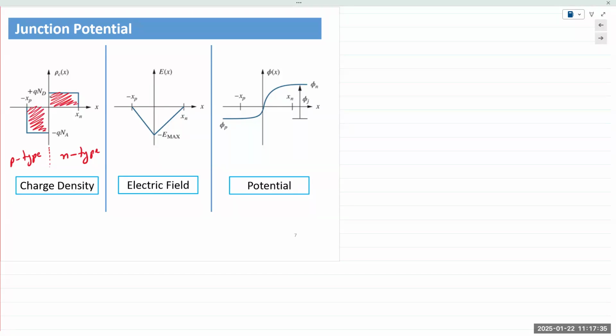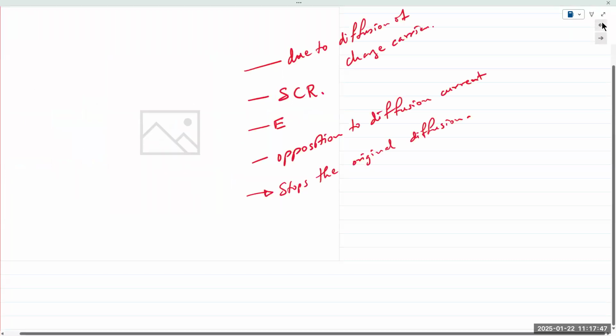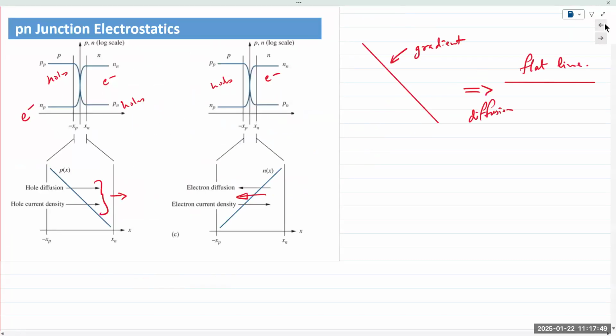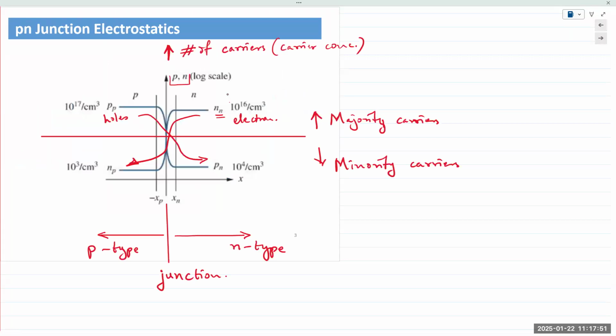But again, remember, it's charge neutral. The number of charges would be neutral. The difference is because of the number of atoms that are used for doping. So in the example that we are using, the doping was 10 raised to 16 atoms and 10 raised to 17 atoms.